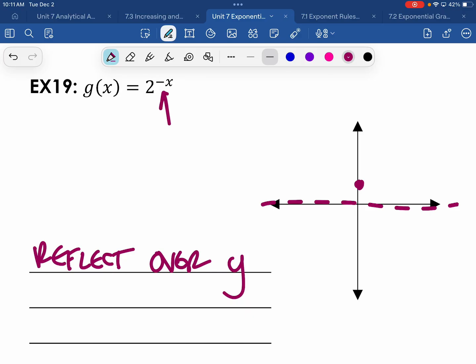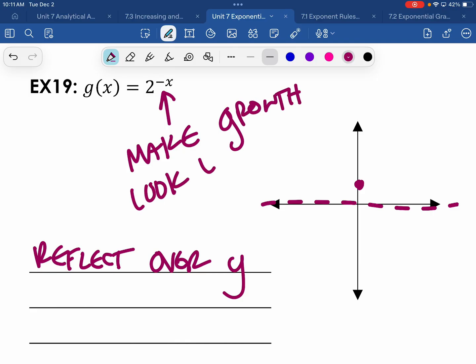So what this negative is going to do is make your growth look like a decay. All right, so even though 2 is bigger than 1, and this is a growth function, that negative is going to make it look like a decay.